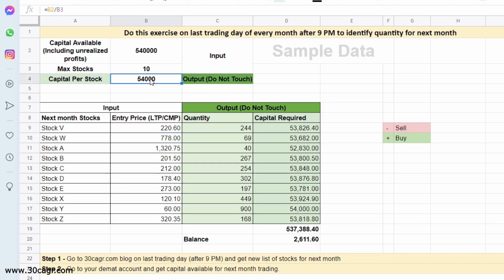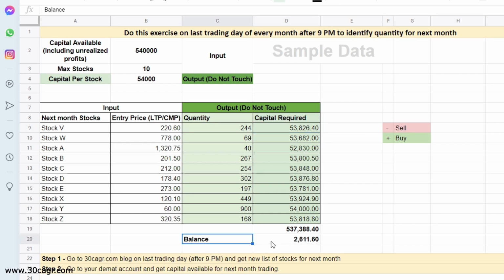Since we know that we have to invest 54,000 in each stock, 54,000 divided by 220 gives 244 shares that you need to purchase next day. For 244 shares, we need a capital of 53,826. As you all know, we cannot exactly allocate 54,000 to any stock. There will be some balance left. In this case, as you see, 173 or 174 rupees is left, and we park all these balances aside.